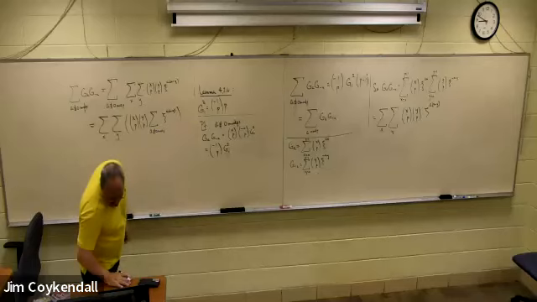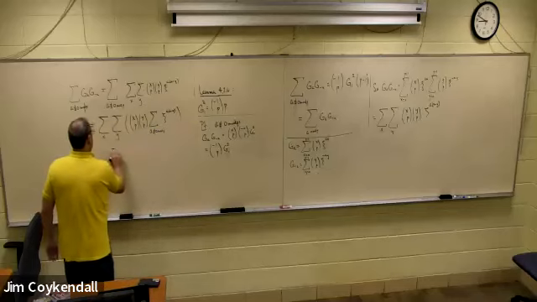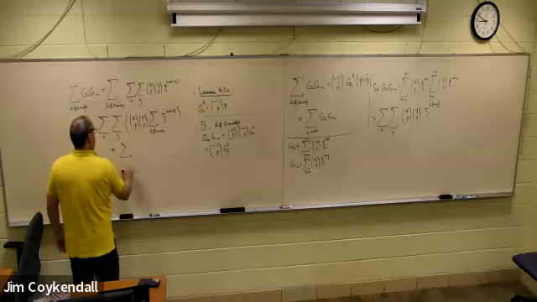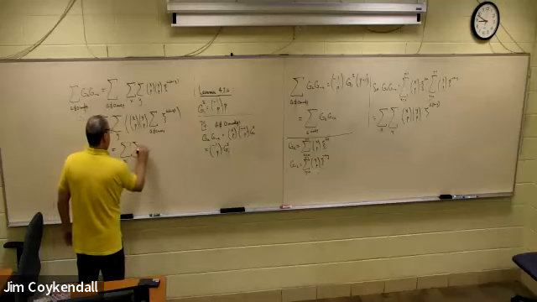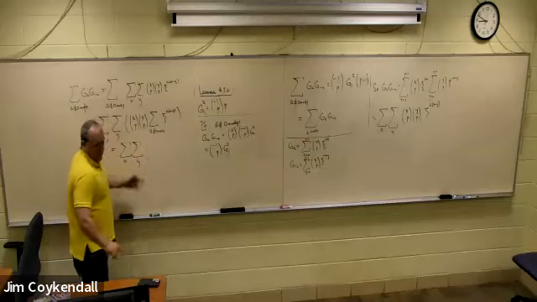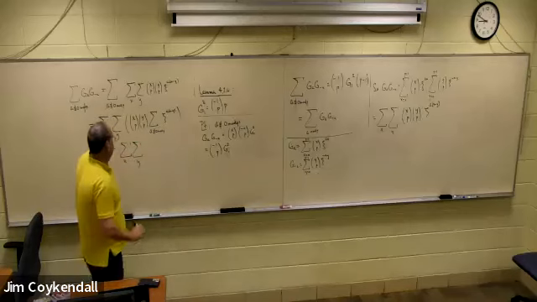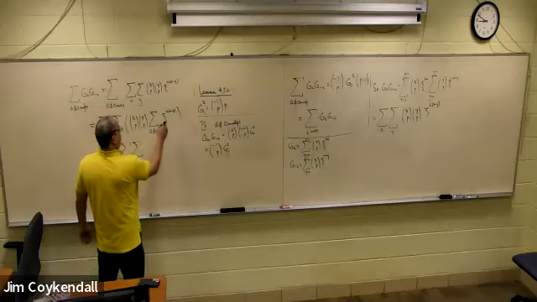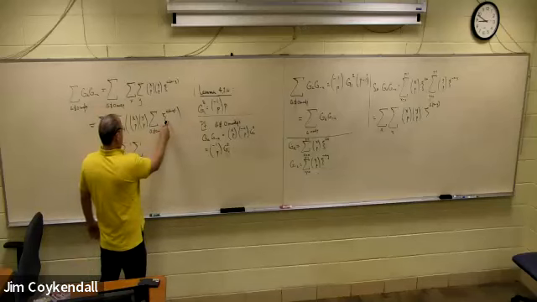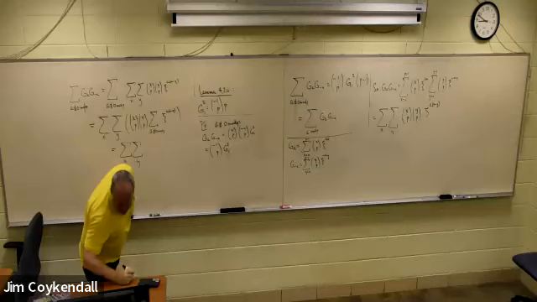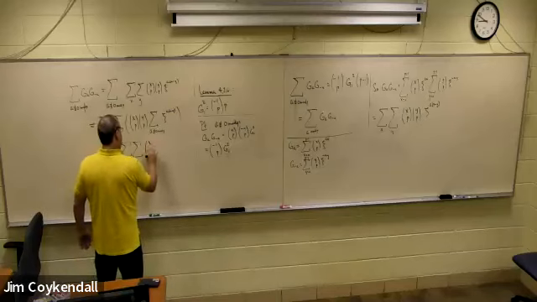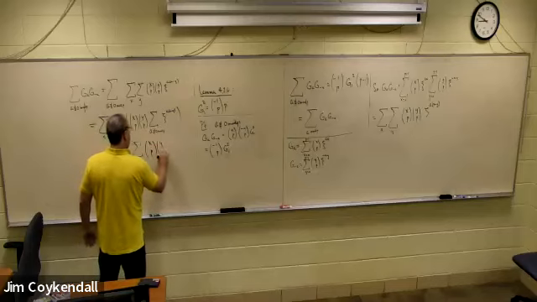And this is the sum over X, sum over Y. And what does this turn out to be? I'm going to write it this way.